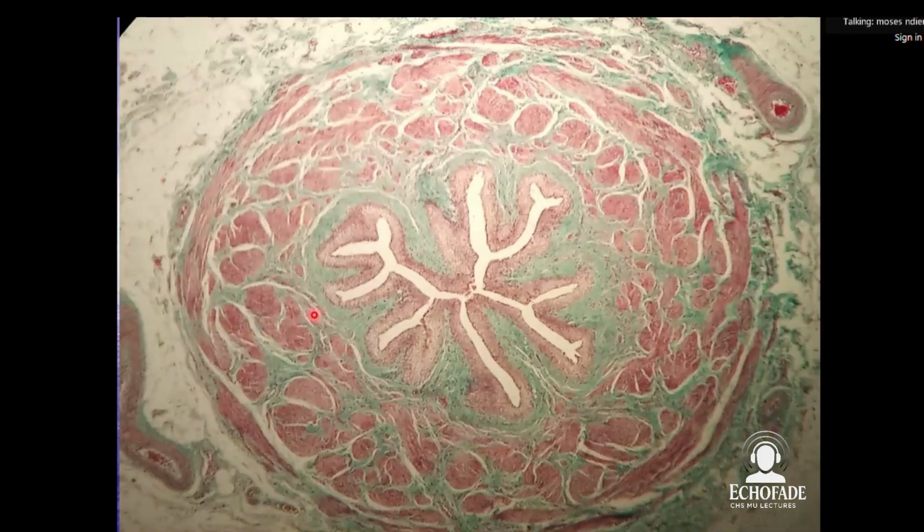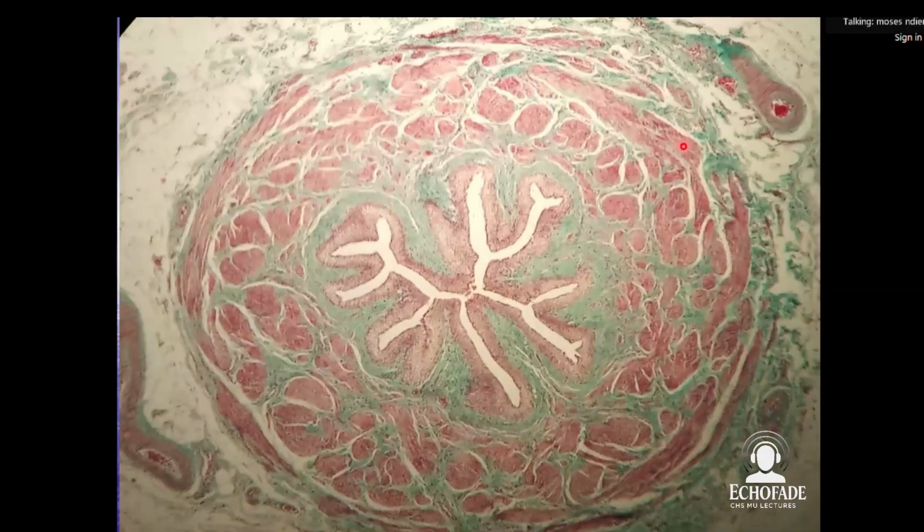Then we have the muscular layer, comprising inner longitudinal, where some fibers have been cut longitudinally, a middle circular layer, and an outer longitudinal. But like I've said, it appears spiral, and that's why you don't see a very nice circular arrangement. So it's inner longitudinal, middle circular, and outer longitudinal.